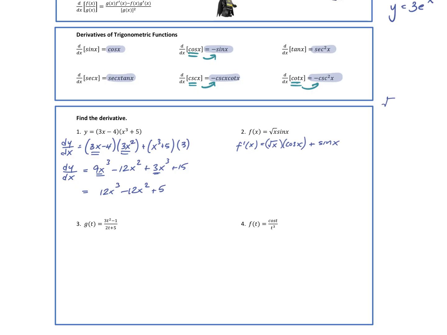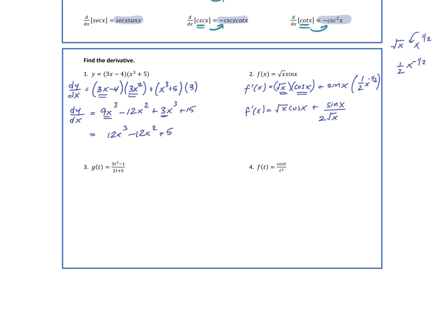I'm going to do this off to the side. This is x to the 1/2 power. So it becomes 1/2 x to the negative 1/2. So again, this is first derivative of the second plus the second derivative of the first. 1/2 x to the minus 1/2 power. F prime of x is going to be equal to root x cosine of x plus sine of x over 2 square root of x.